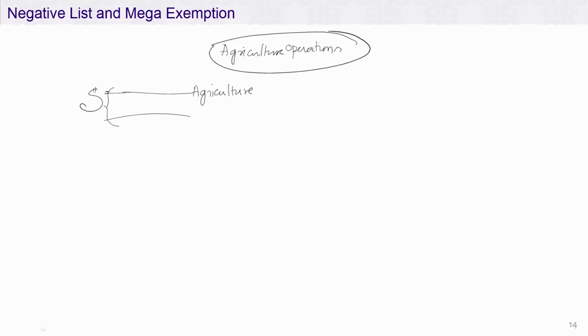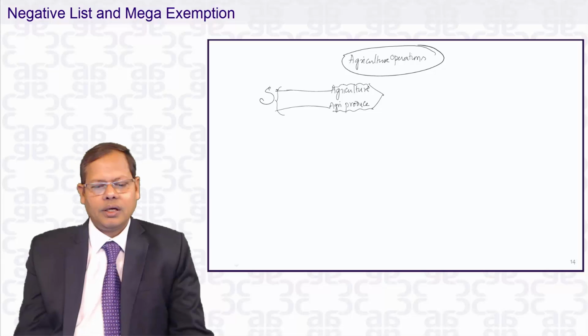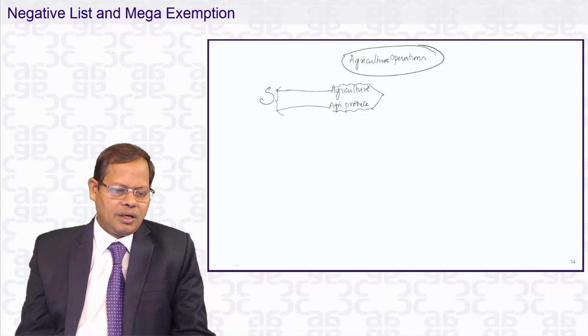So services relating to agriculture or agricultural produce. These two are covered.